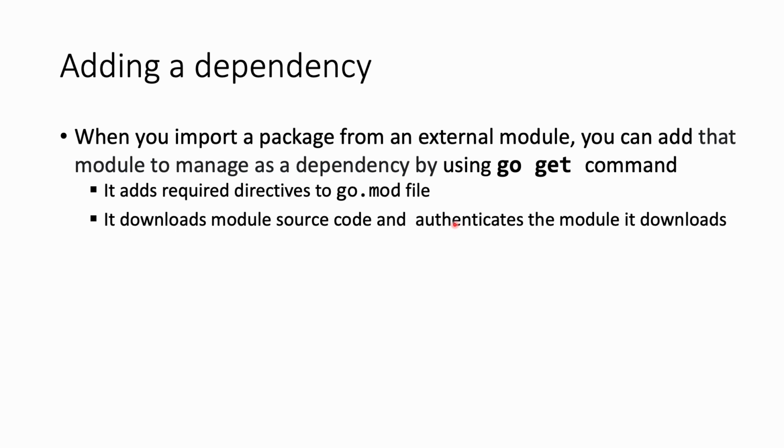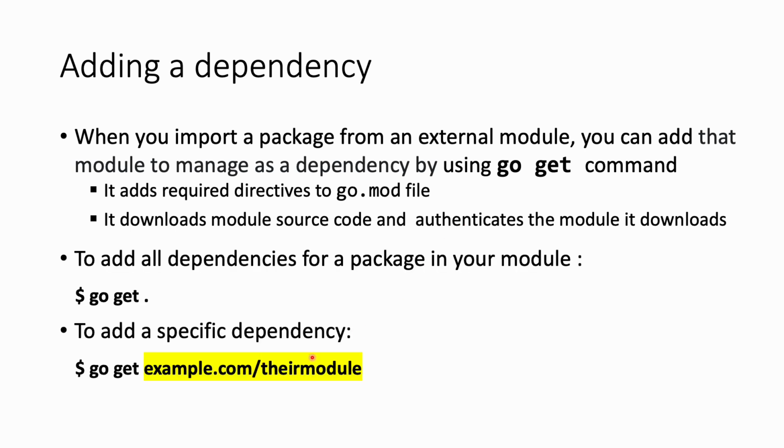If the module has changed since it was published, for example, the developer changed the contents of the commit, then Go tools will present a security error. This authentication check protects you from modules that might have been tampered with.